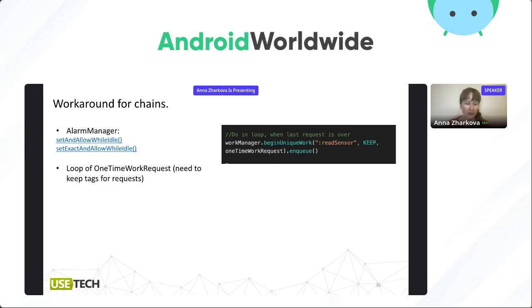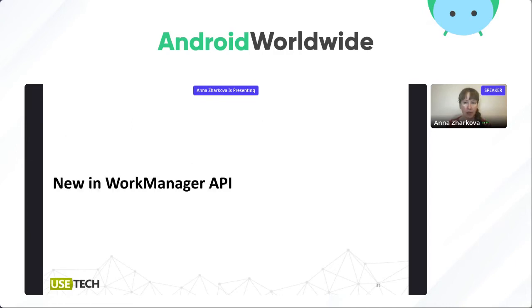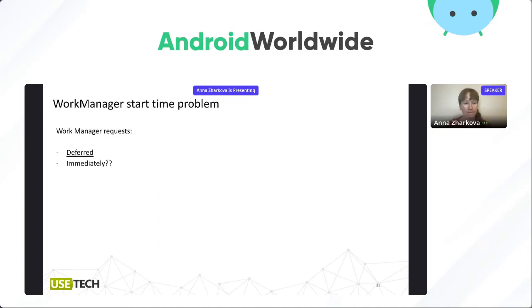What's next? We can also use several new mechanisms in the Work Manager API. At first, let's talk about how we can deal with deferred requests, how we can prevent it and allow our requests to launch immediately.